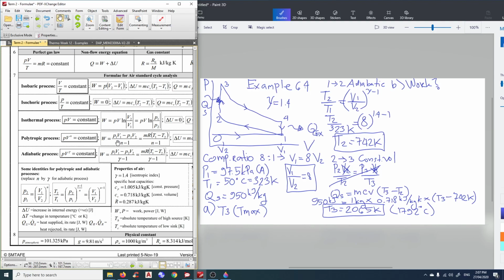To calculate the work on each process would be cumbersome.